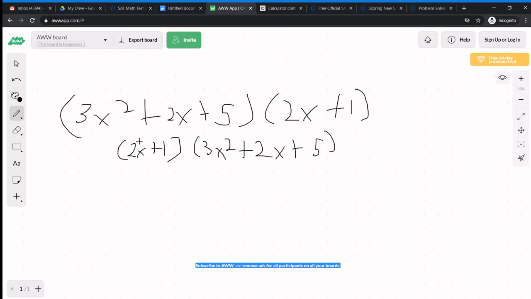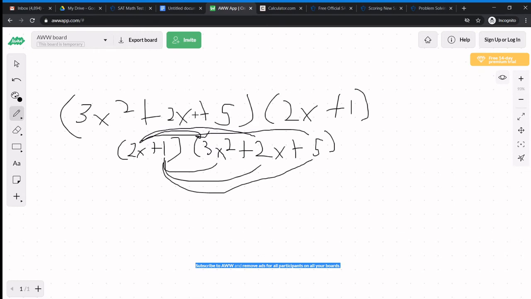And now you take this first number, multiply by the first. Then you do the first number to the second, then to the third. Then you take the second number, do the same thing, multiply by the first, then the second, then the third. Doesn't matter how many terms, doesn't matter how big it is, it'll work.